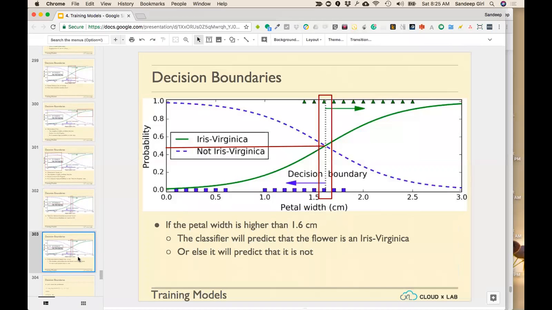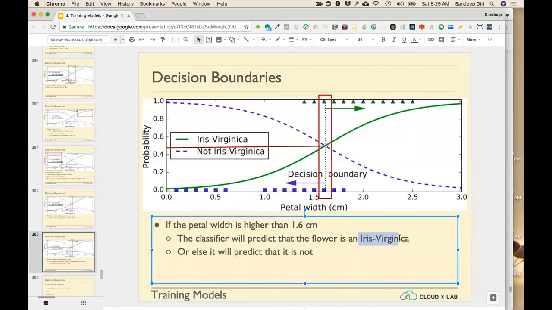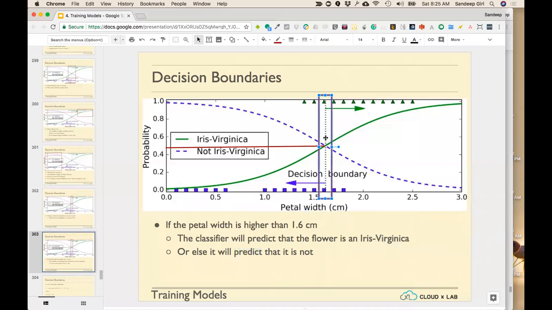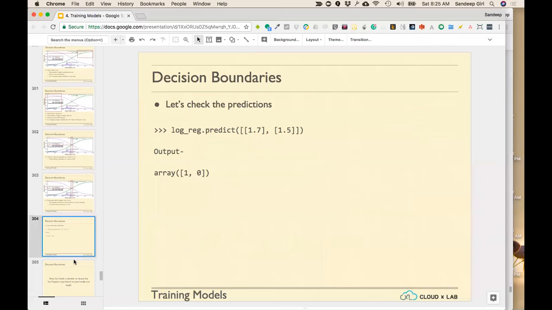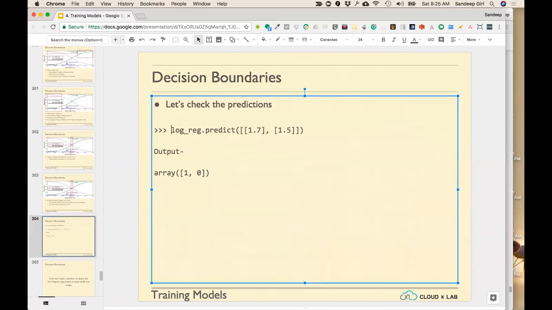If the petal width is higher than 1.6, the classifier will predict the flower as virginica, or else not. So the prediction it is making here is slightly wrong, because the probability of both is kind of equal. All right, let's check the prediction here.